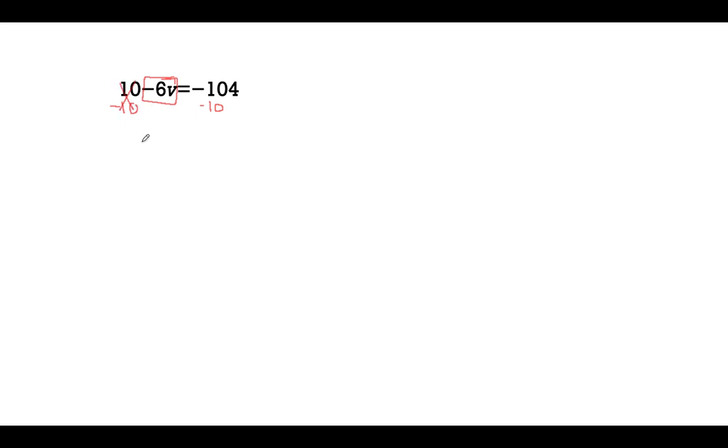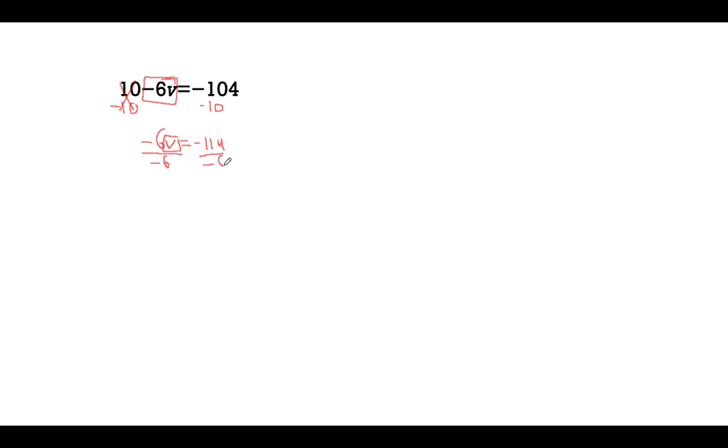So those cancel out. You now have negative 6v equals negative 104 minus 10, which gets you negative 114. Now you want to get v by itself. Okay? And how a lot of these are going to look is it's negative 6 times v. So you'll do the opposite, which is divide.